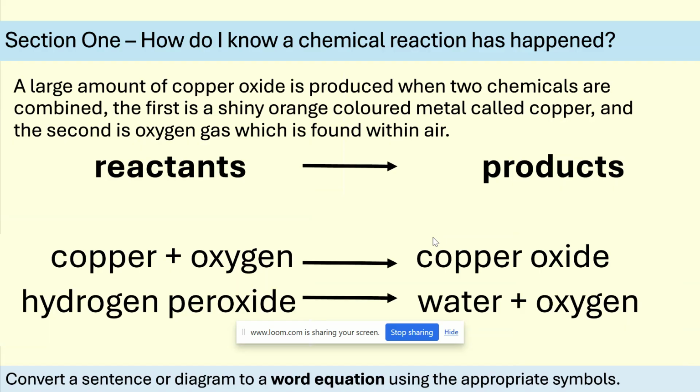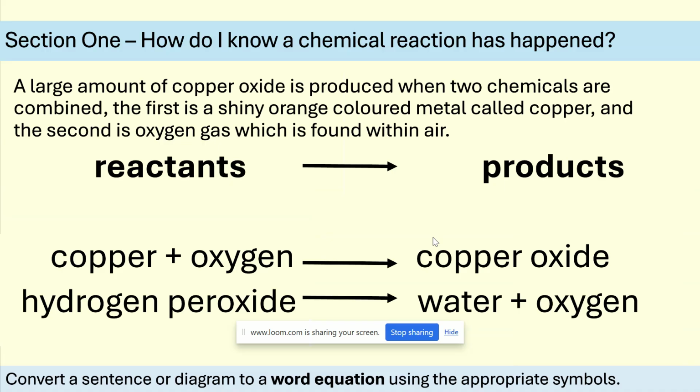So we've looked a little bit at word equations already. So in this case, it's how to make one of these word equations. So I've left the word equations from the previous questions on the screen, and we'll be able to look at how you might make them. So if you were given the question and you were told to turn this block of text into a word equation, a large amount of copper oxide is produced, so that's our products, when 2 chemicals are combined.